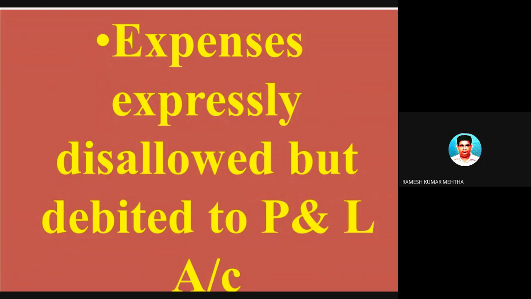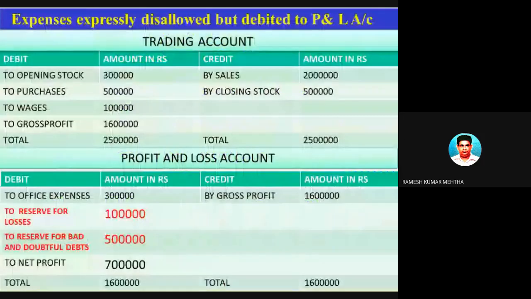So we have to do some adjustments to the old profit, which is the wrong profit. Let's take a small example, and with this example we'll come to know what should be done. We have here the trading account: opening stock, purchases, wages, by sales and by closing stock.